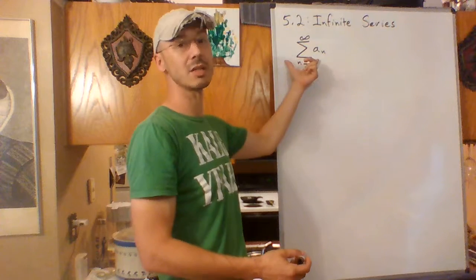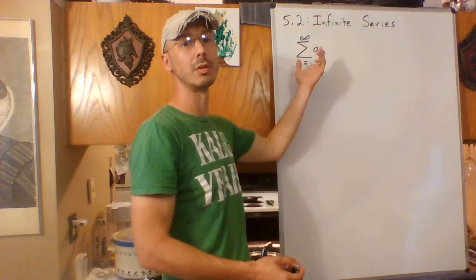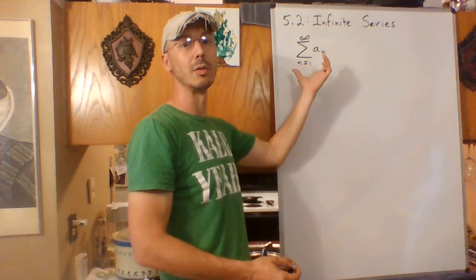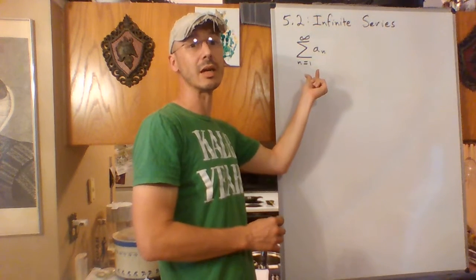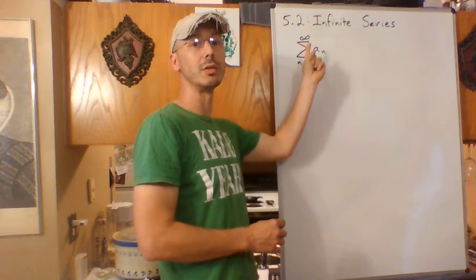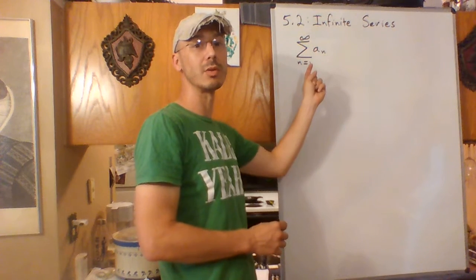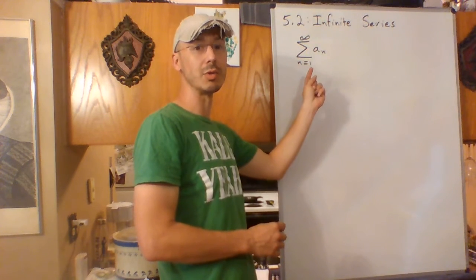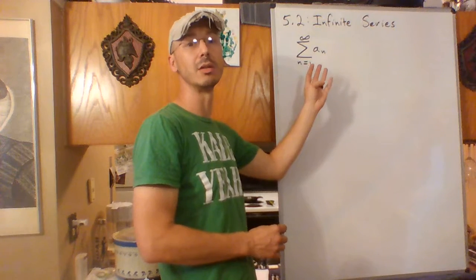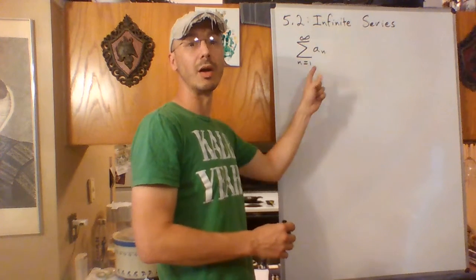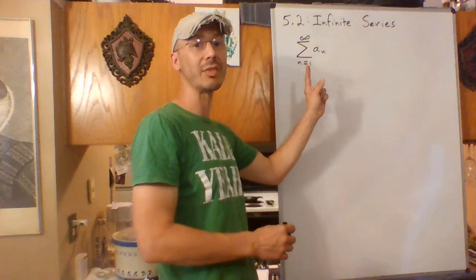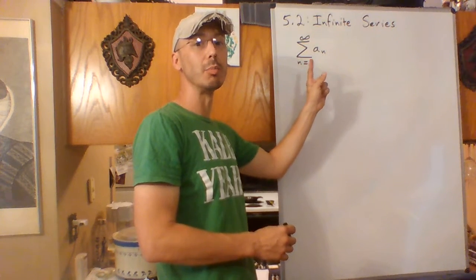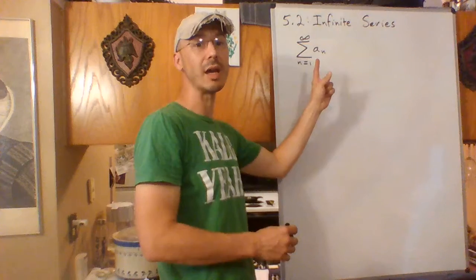The sigma notation is a capital sigma with bounds like the bounds of integration: the index ranges from 1 to infinity, so n equals 1, n equals 2, n equals 3, n equals 4, and so on. We're adding up not the numbers n, but the terms of a sequence a_n.